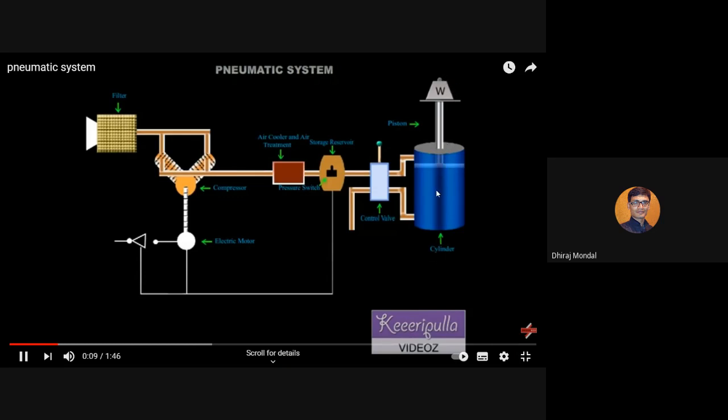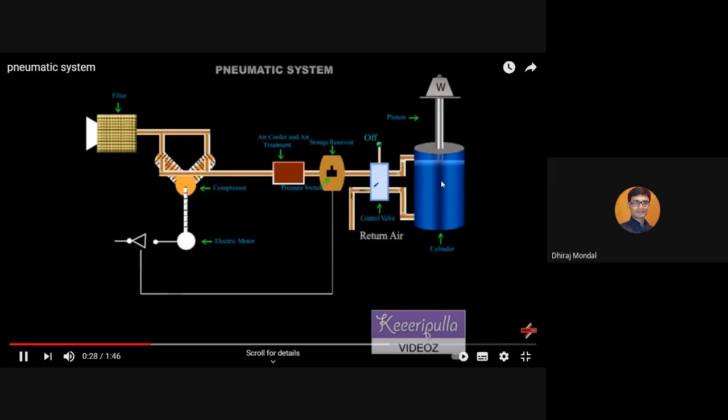Where is it actually used? It is used in the garage. When you are servicing your bike or your four-wheeler, this particular arrangement is used. You can see the compressed air coming here.